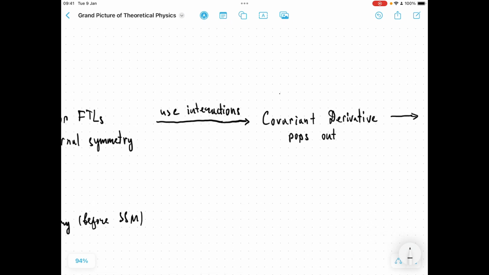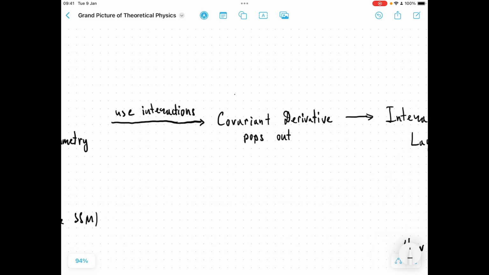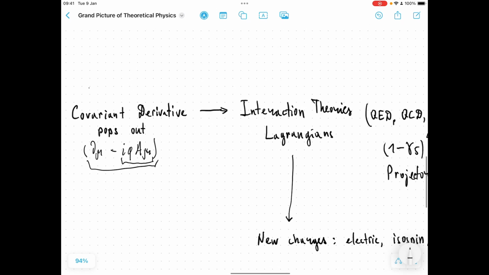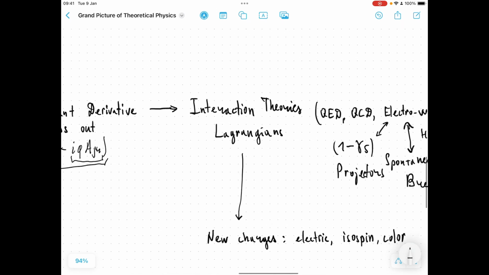People noticed that by using interactions, and for electromagnetism and QED, it means using the potential A mu, we can get the local symmetry. I just mark it by the covariant derivative. In some sense, it means that we are using something like d mu minus i q A mu. This is a connection, and this is the covariant derivative in this case. And by using that, we are obtaining interacting theory Lagrangians.